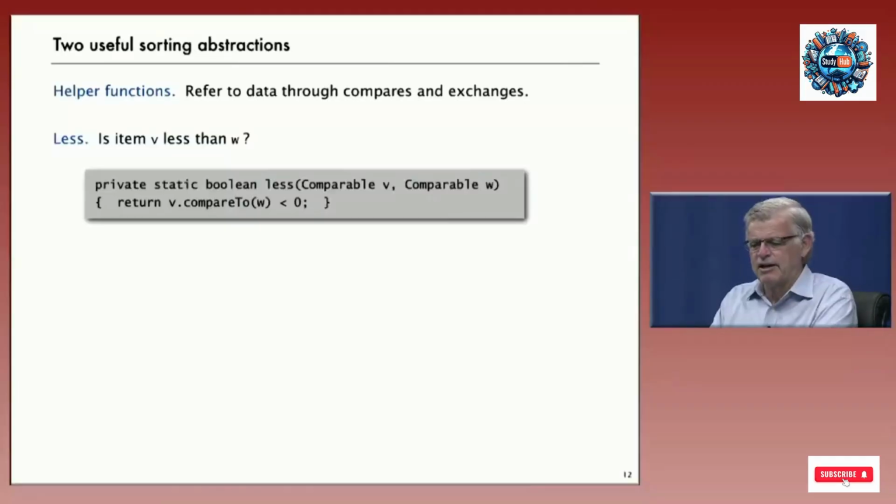And the way we do that is to take the 2 primary operations, compares and exchanges, that we use to refer to data and encapsulate them just as static methods. So we're going to use a method less that takes 2 comparable objects as arguments, and it just returns v.compareTo(w) < 0.